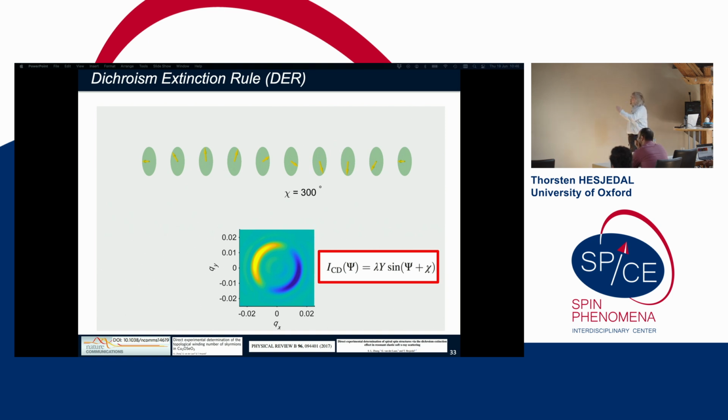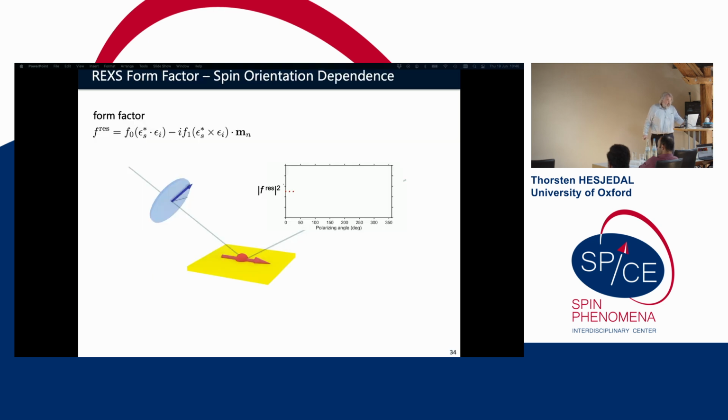And there's a dividing line between that. So what this ICD really is, this expression here, is the intensity around the ring, where the angular parameter is psi. This is the rotation of the sample. And what we get is lambda, that's the magnetization orientation of the core of the skyrmion. Y is some function that is specific for the system you're scattering from. And then in the sine expression, you have the psi angle, that is your running parameter, and the phase shift, so to say, that is the helicity angle that you can get out of this expression.